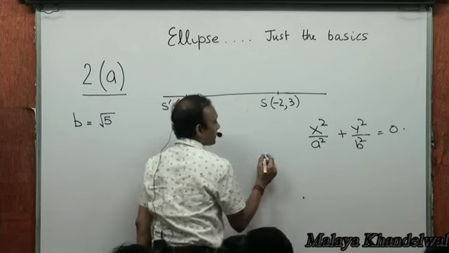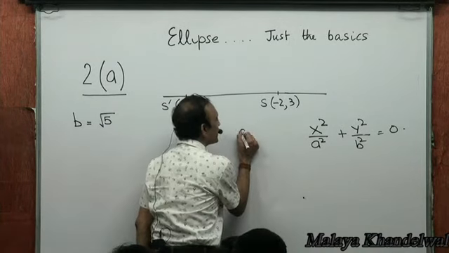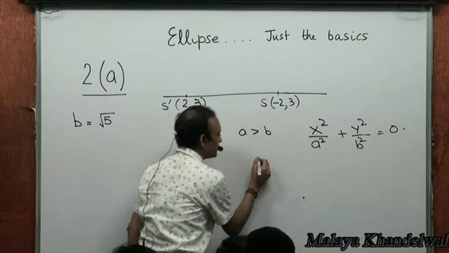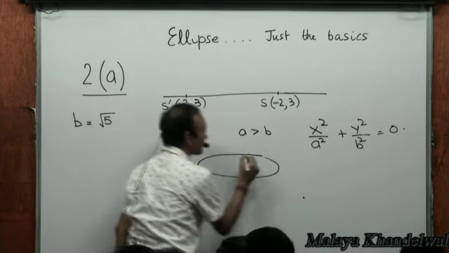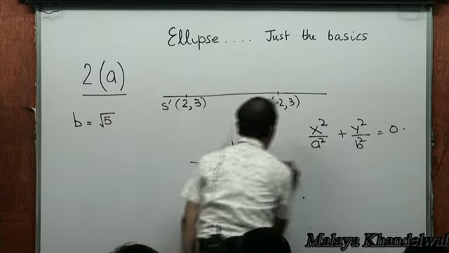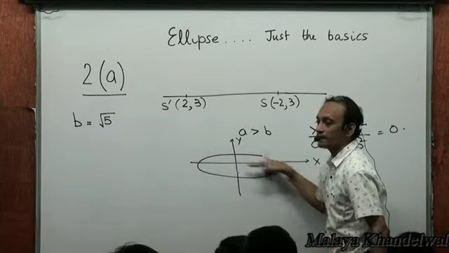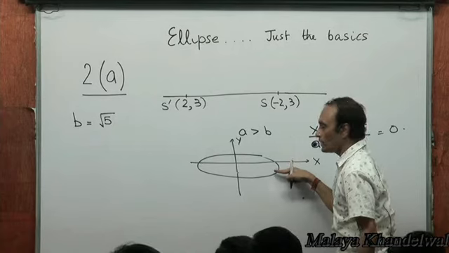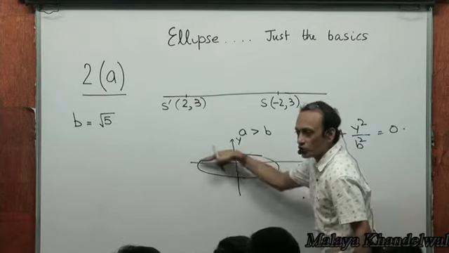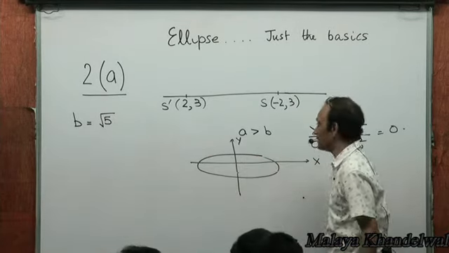And if a was greater than b, then this ellipse looked like this. If a was greater than b, its major axis was lying along the x-axis.